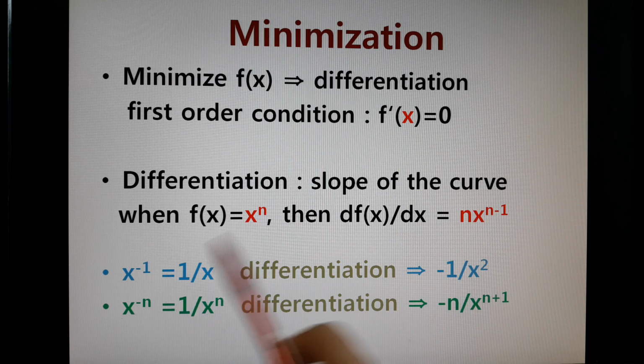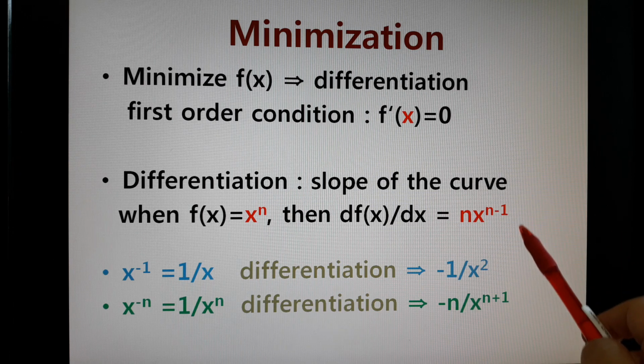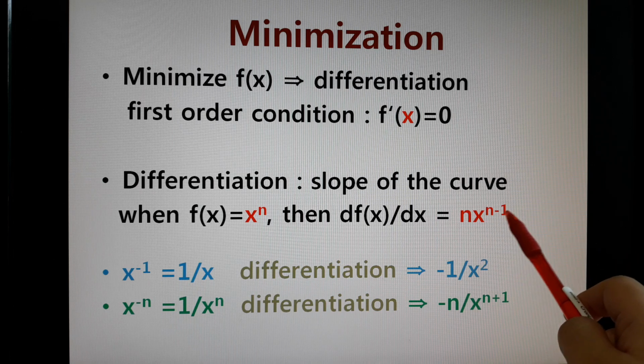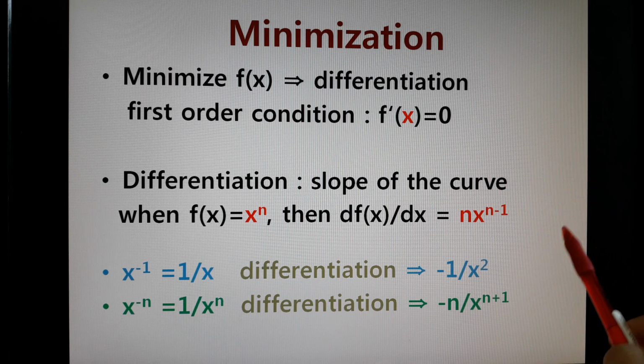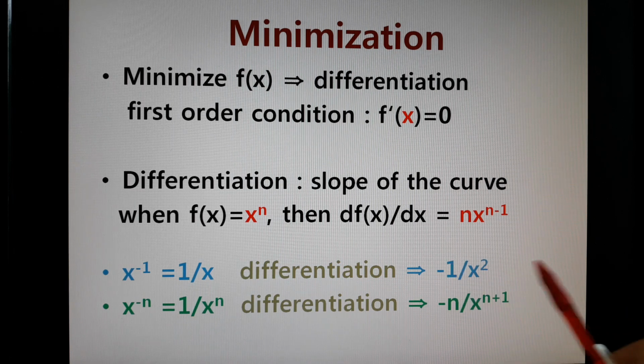The minus 1 jumps out, and x to the power of minus 1 becomes x to the power of minus 2, because n is minus 1, so n minus 1 is minus 2, which means 1 over x squared.